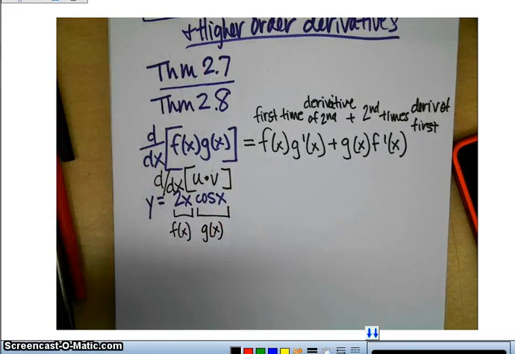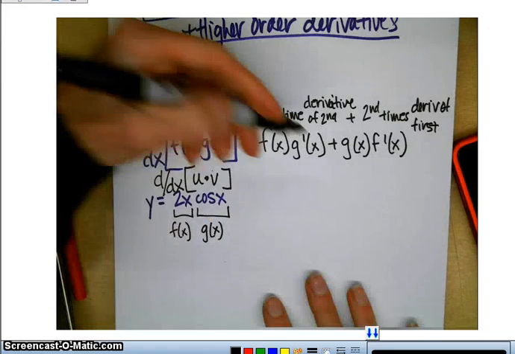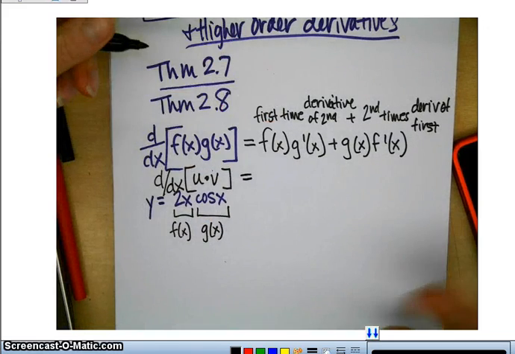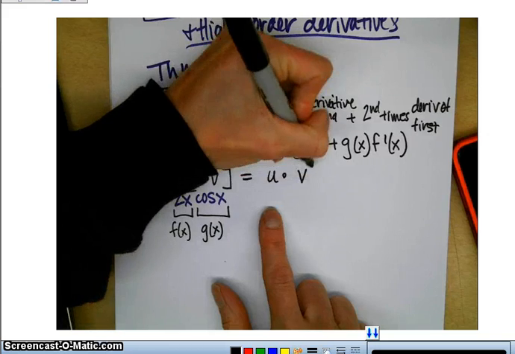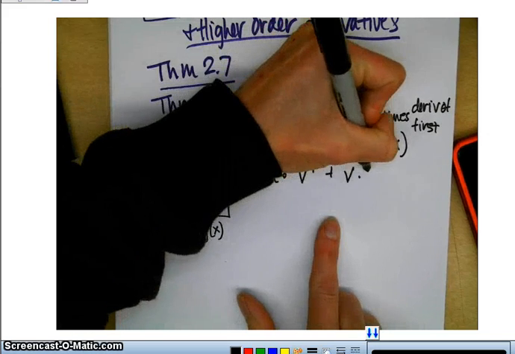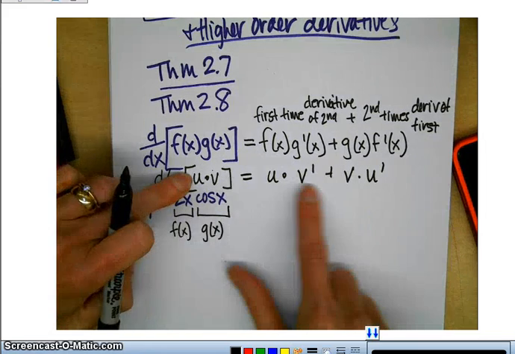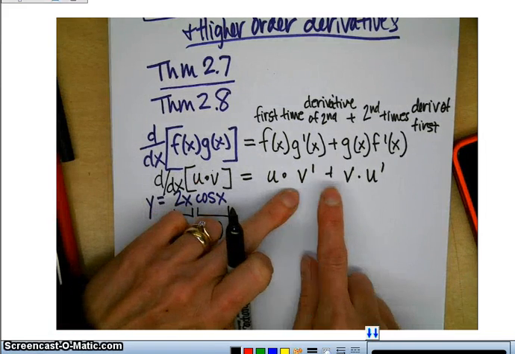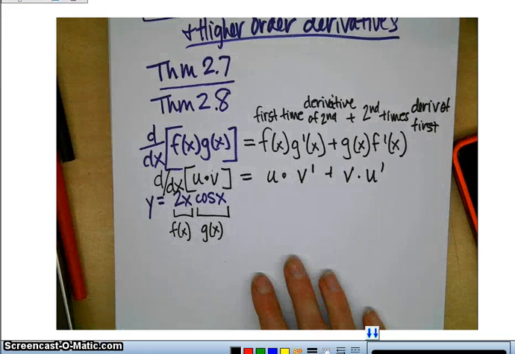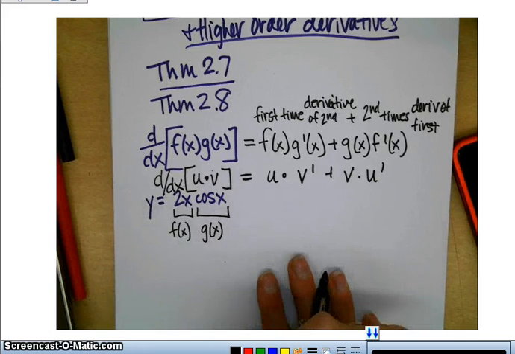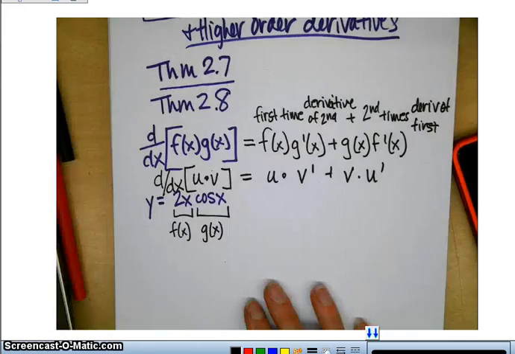Yes. Except I'm just using different notation. That rule, the product rule, is u times v prime plus v times u prime. Is that still the same? The first times the derivative of the second plus the second times the derivative of the first. So, I mean, you just need to say it in your head enough times. First d second plus second d first.